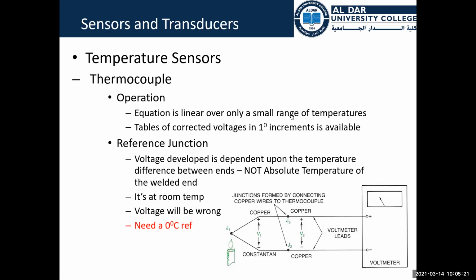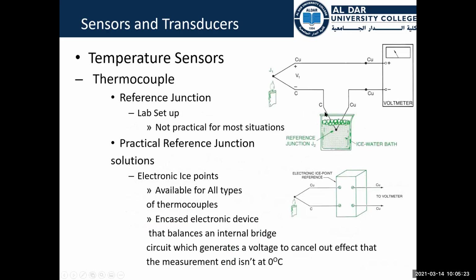How to solve this problem? We can solve it by having a reference ice box like that, just to give the metal the chance to be zero at zero temperature.